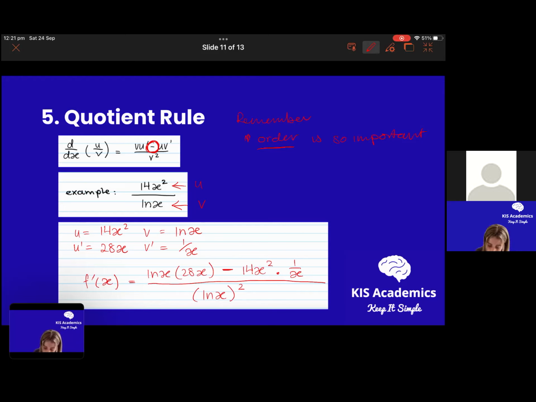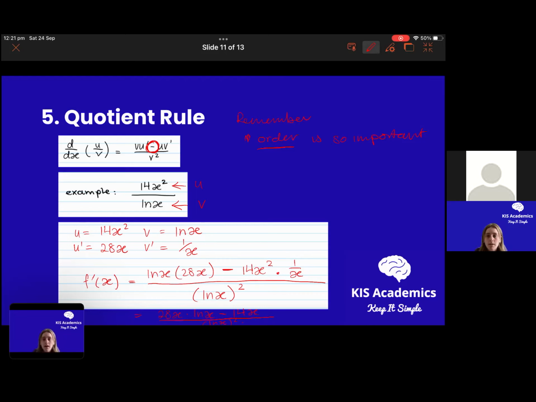Okay, now again, we could simplify this a little bit further. I'm running out of space. The most important thing that I would do there is I would make this 14x. We can also cancel, we can't cancel our log because we don't have a log in this term. That's really important. So don't make that mistake. But we can definitely have 28x times ln x minus 14x all over the same denominator there, ln x all squared.